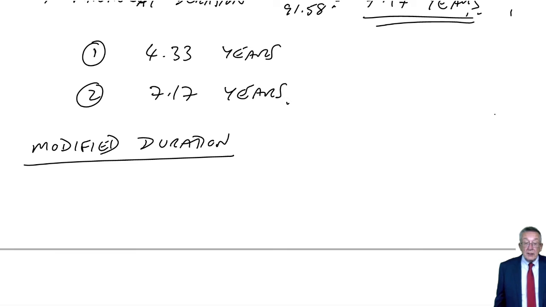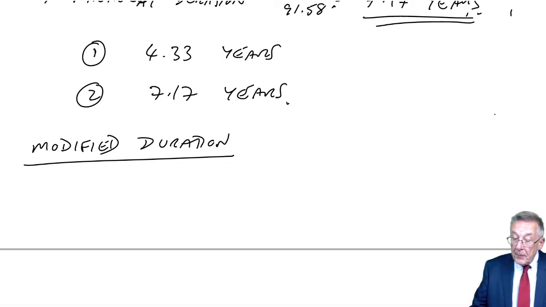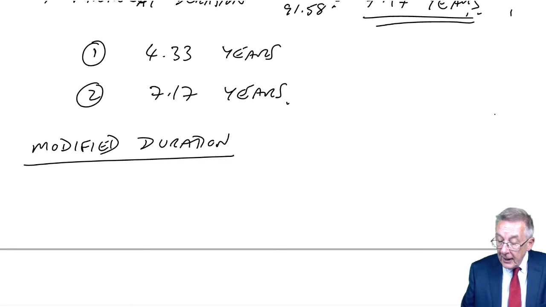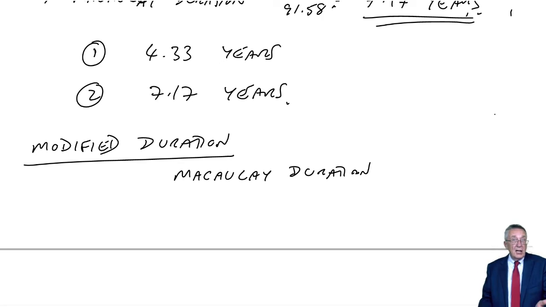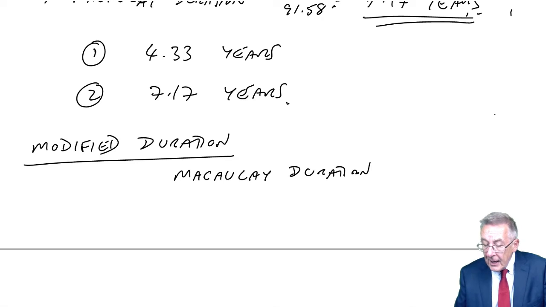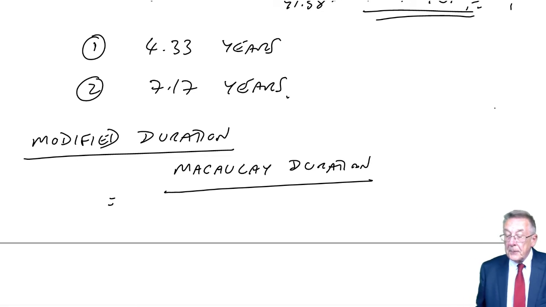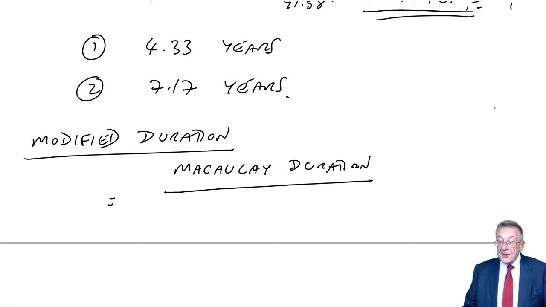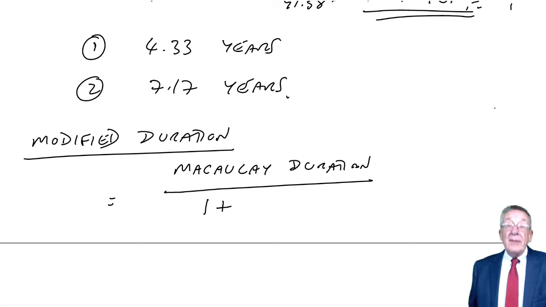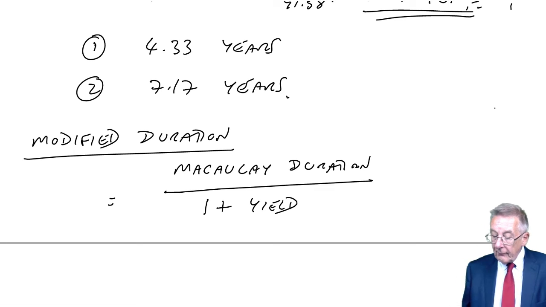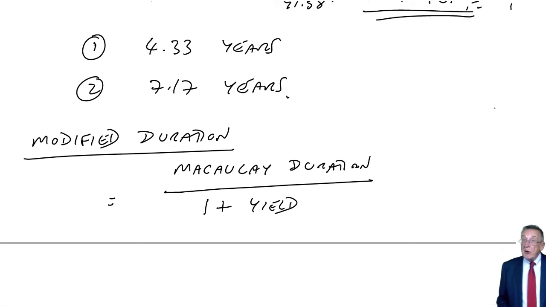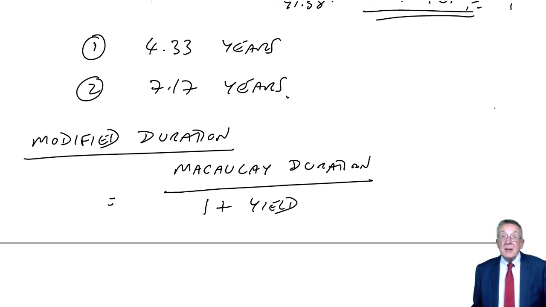I've given you the rule just above example 6, but the modified duration, we take our Macaulay duration, so that wasn't hard to calculate, it's just all about those workings. We divide by 1 plus the investor's required return, the gross redemption yield. And so this really does only take a second, and then the final bit of interpreting.